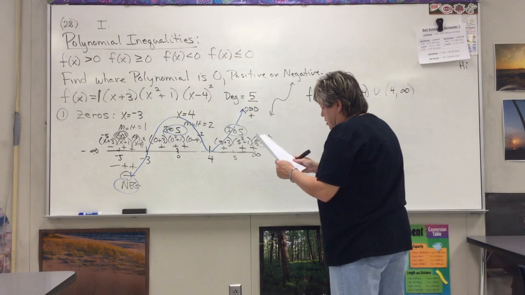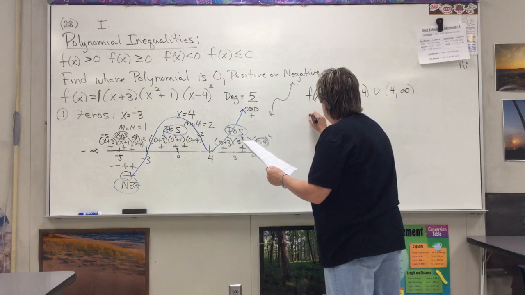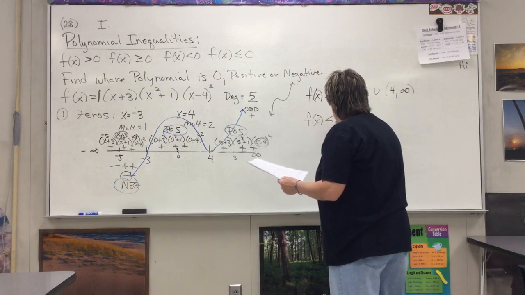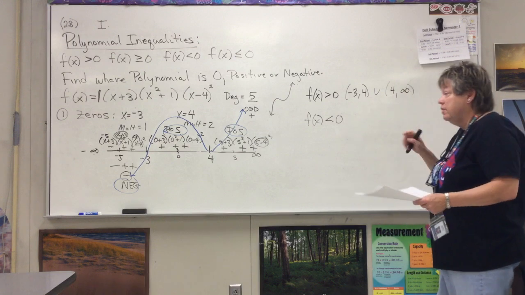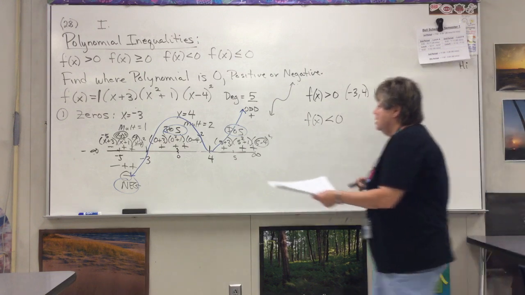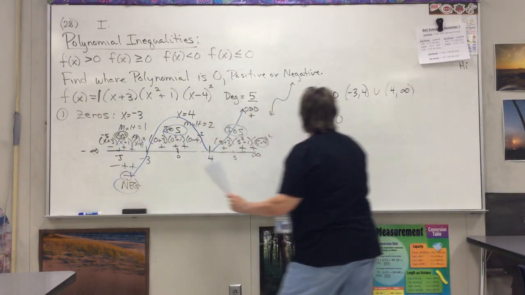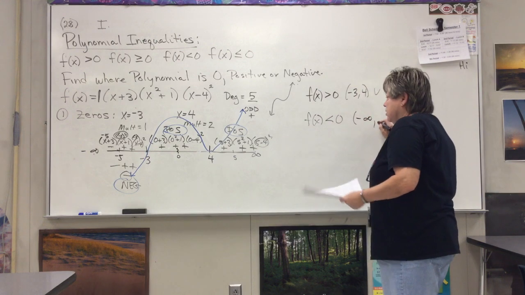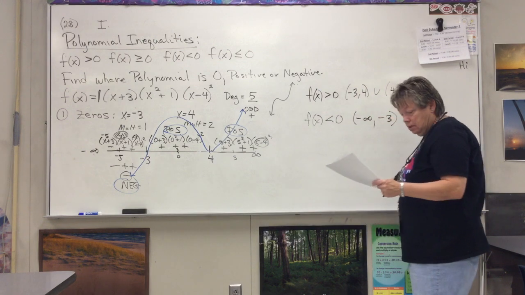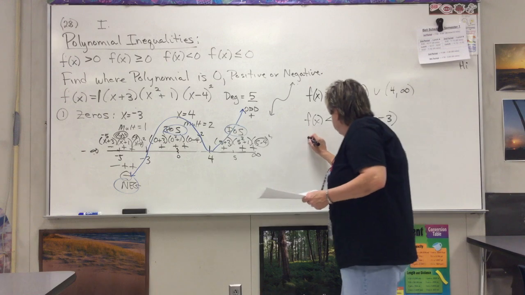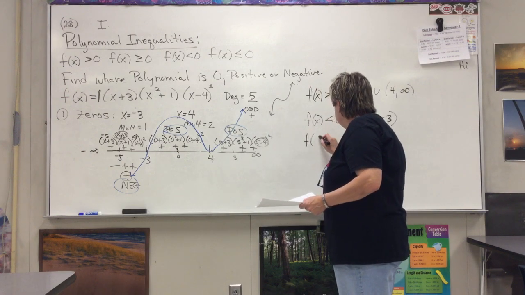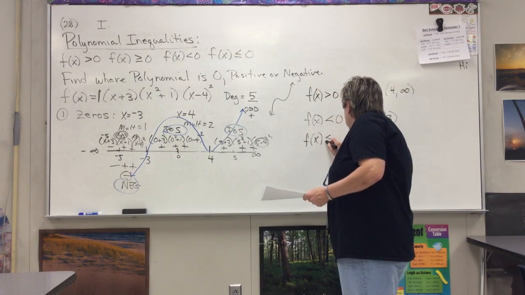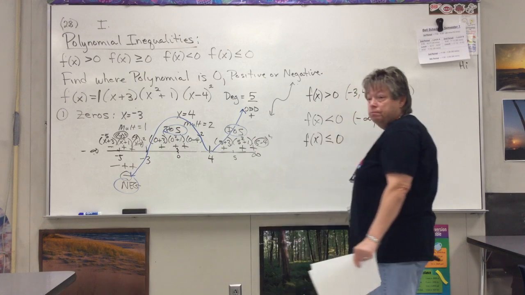We can next say where f of x is less than 0. So where is f of x negative? Down here, so from negative infinity to negative 3. If I put on here, where is f of x less than or equal to 0?